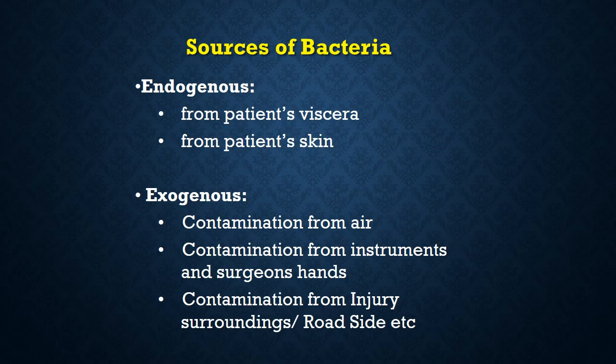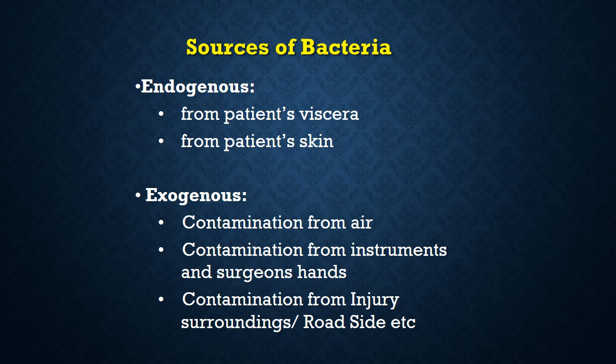The sources of bacteria are either endogenous or exogenous. The endogenous bacteria would come from the patient's viscera and from the patient's skin. So it can be either the skin or the mucous membrane.